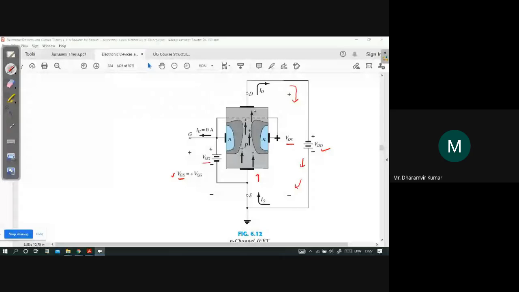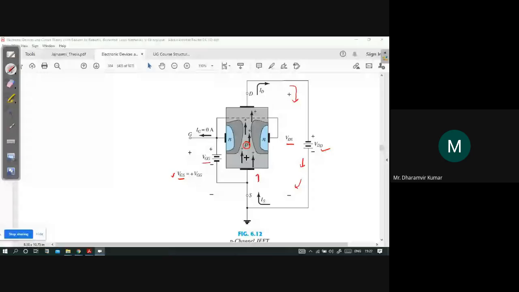And the current will, because this region is made up of p-type material, okay. And p-type material contains holes, mostly the majority charge carriers are holes, and free electrons are available but very few in number, so we can neglect those minority charge carriers.